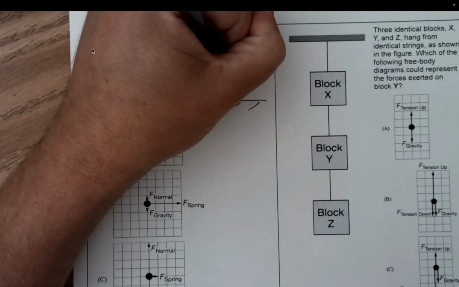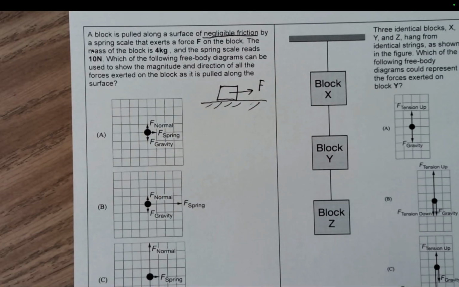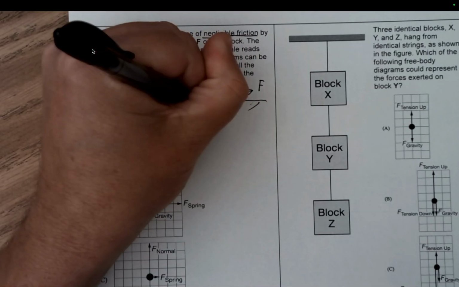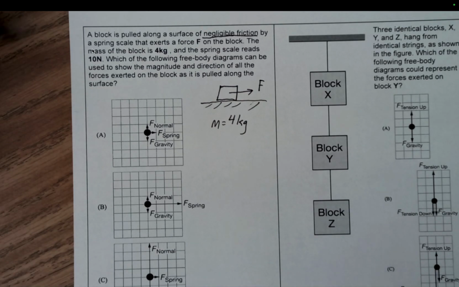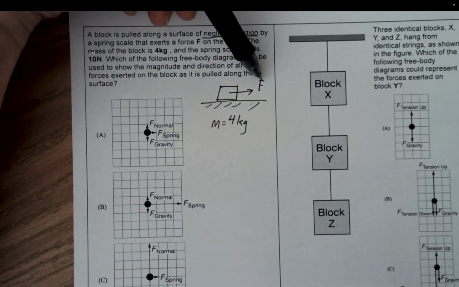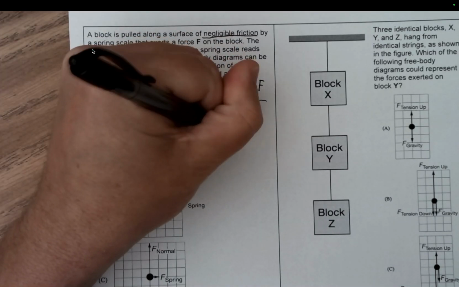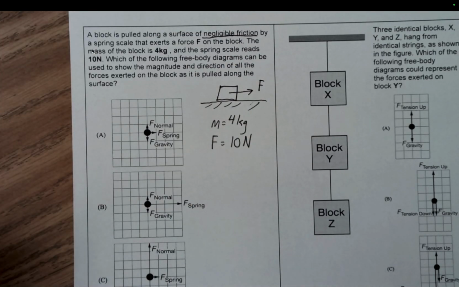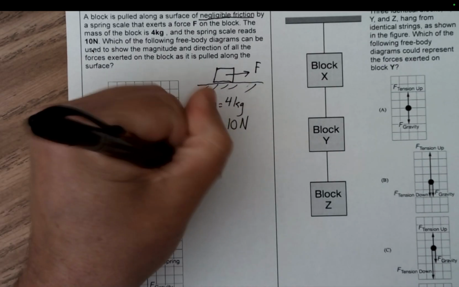So I'm having this force F that's being exerted on the block. And then it tells us the mass of the block. So we know the mass is 4 kilograms, and the spring scale is applying this force F. So I know F is 10 newtons. And they're asking which of the following free body diagrams can be applied here. So I'm going to draw in my free body diagram.